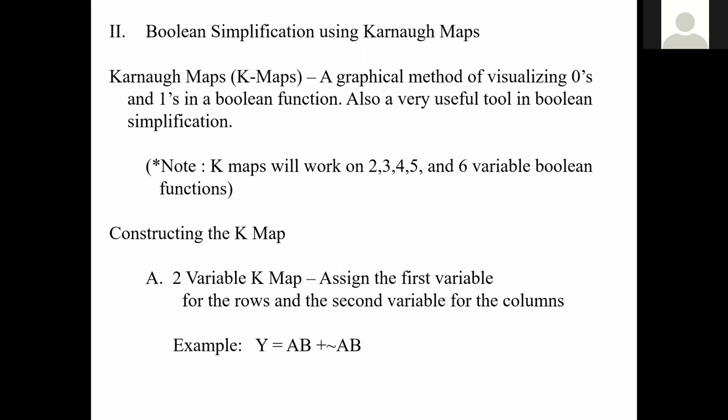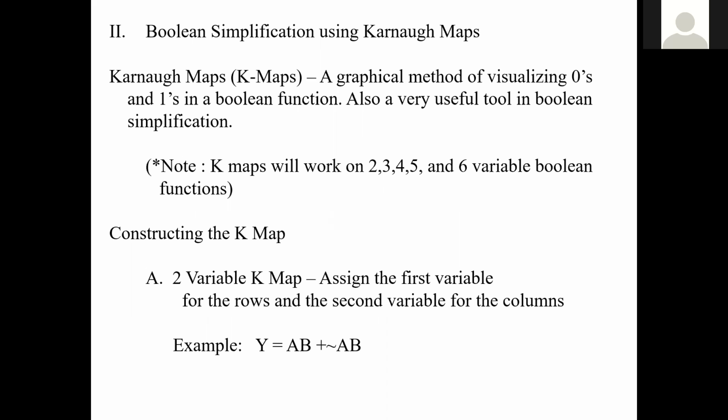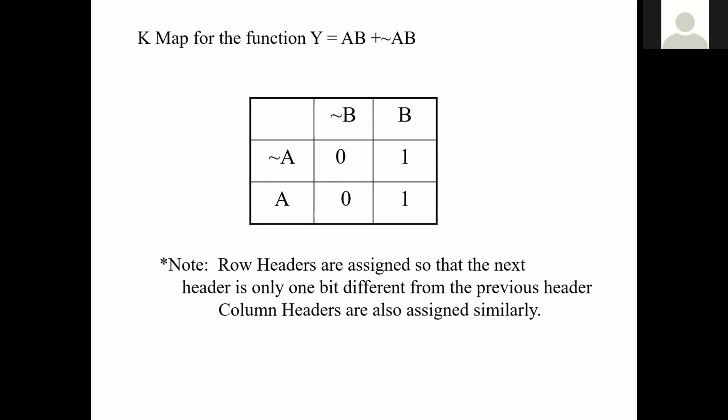So we know how to create the K map. For a two variable K map, we distribute one of the variables in the columns and the other variable as rows. For example, we designate the variable A to be our row and the variable B to be our column.